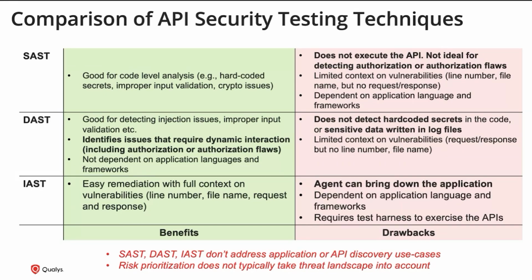Then comes IAST. IAST is relatively new, and basically there is an agent. You deploy the agent where your application or API is running, and you exercise the tests, and the application gets tested during the QA cycle of your web application or APIs. The challenge with IAST is it can bring down the application if the agent is not very compatible with the language or framework you are using.